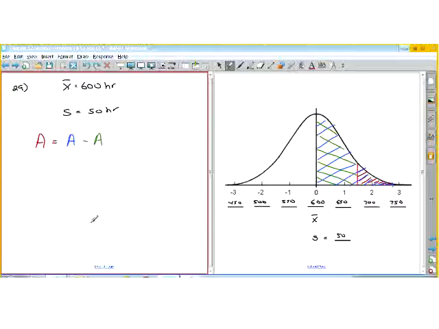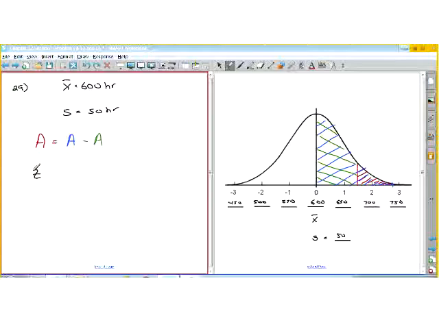Okay. So how do I find this? I can't calculate this directly, but I can calculate the blue. The blue area goes all the way out to here, so that's a z-score out to, well, we haven't actually done the z-scores yet, so let's do this.